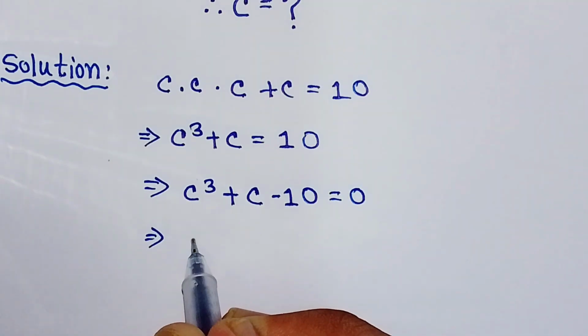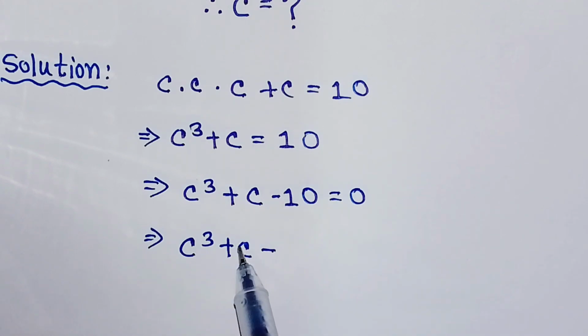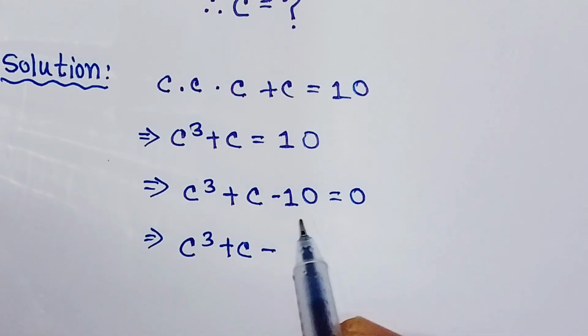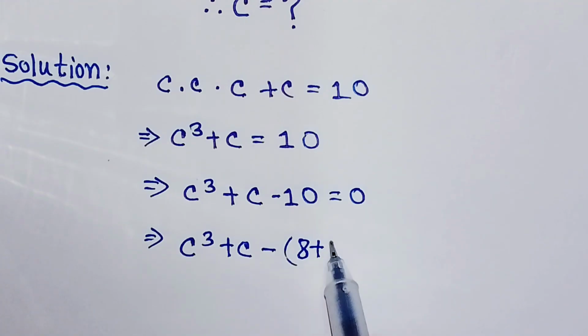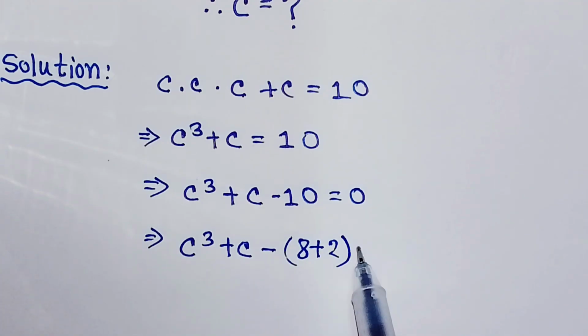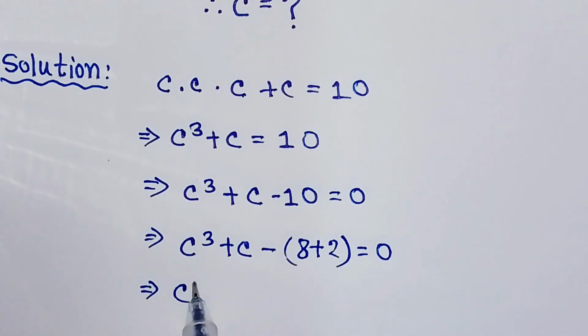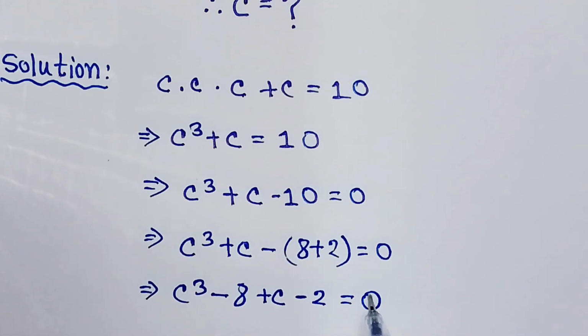Then we can write c cubed plus c minus 10 as c cubed minus 8 plus c minus 2 equals 0.